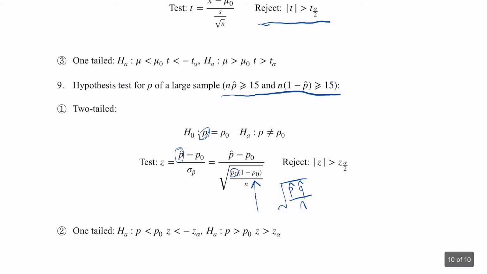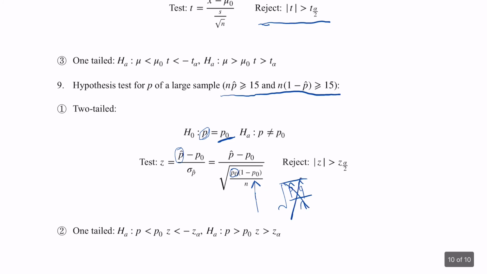But why can you not substitute? Because here you already know the population proportion, because you set it equal to a hypothetic value. You already know. Then you have to use this value. You cannot substitute this formula with the p hat here.